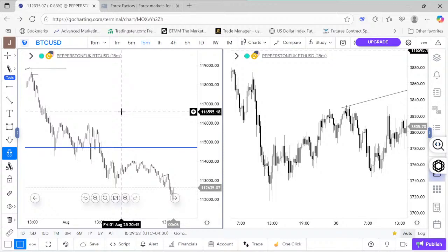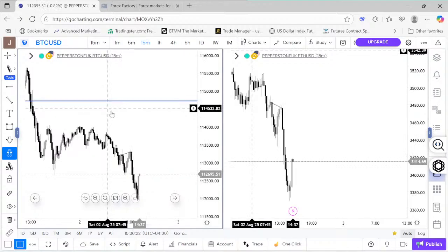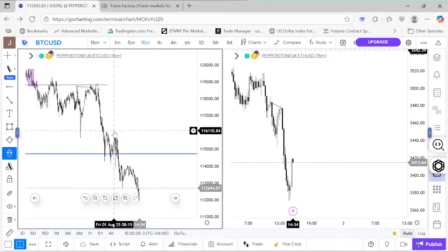But as it relates to today's price action, remember we are in a bearish trend. Even though we are at the previous week's low, we are still quite bearish. If we look at it from here, we had the breakout.